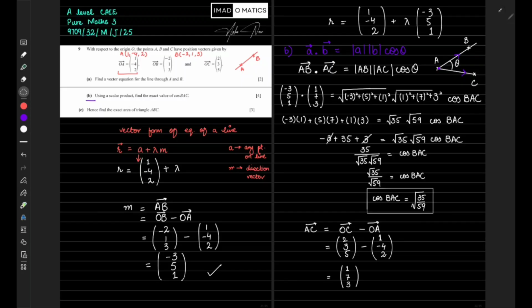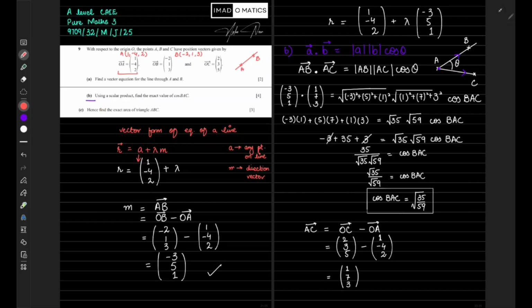So we cannot take it as AB and CA. No, we have to take it as AB and AC or BA and CA. Okay, so the order matters here a lot. So in this way you can apply this whole formula and do the simplification to get the answer.